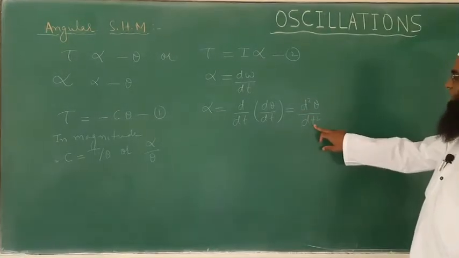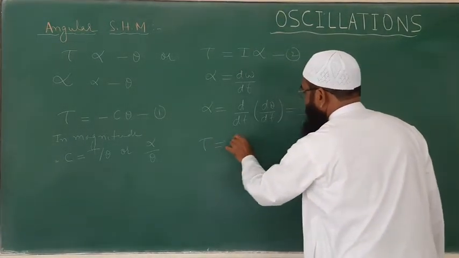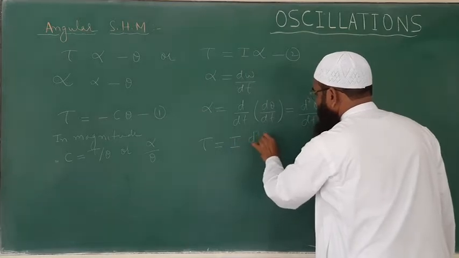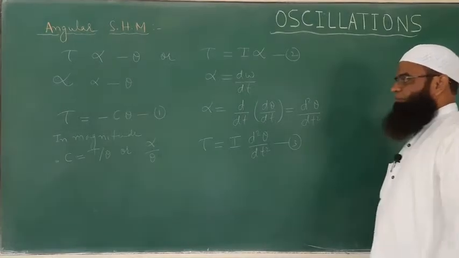Now we can substitute this value in equation 2. So torque is equal to I d2 theta upon dt square. Equation number 3.